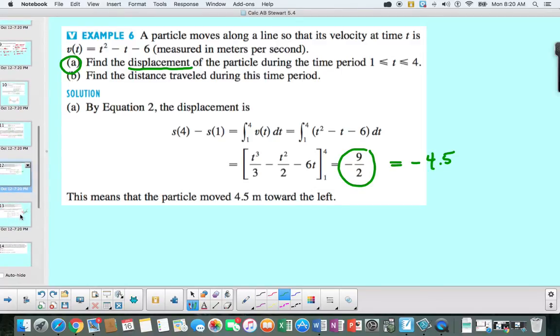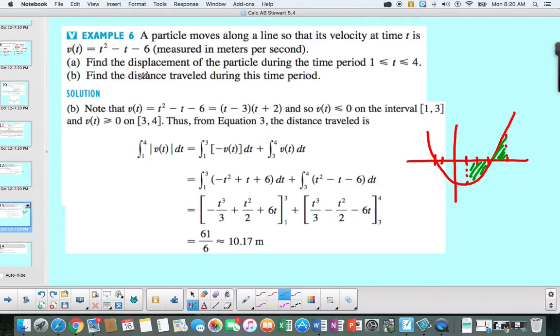Now let's go to part B. Part B is to find the distance traveled, which means we have to look at the curve now. We suspected there was area underneath the x-axis and area above the x-axis. What we're going to do is separate these two. We know that the zero is at 3, and we're going to separate the two integrals. Knowing that this result is going to be negative, I'm going to put a negative sign in here to force this to be a positive result.